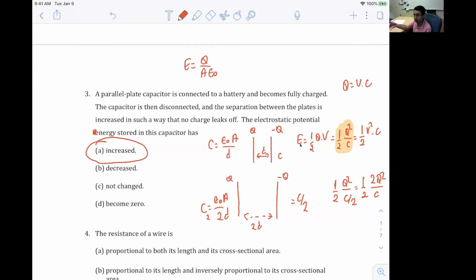The energy is the energy density times the volume, right? So if the Q is constant, the electric field is going to be constant. But if you increase the volume, then the total energy increases. So that's another approach you can use.